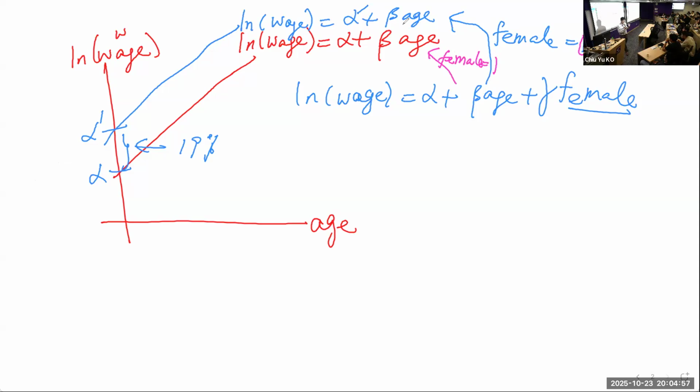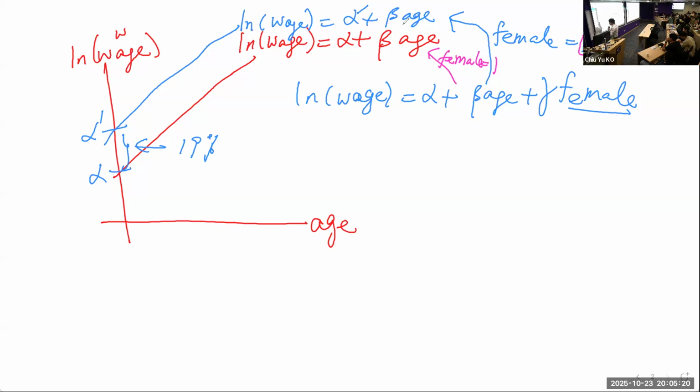When we run this regression, we're saying that at every age, the difference between male and female is a fixed constant. If we make this assumption, the gap we estimate is 80% or 90%. Okay, so this is the model we have.